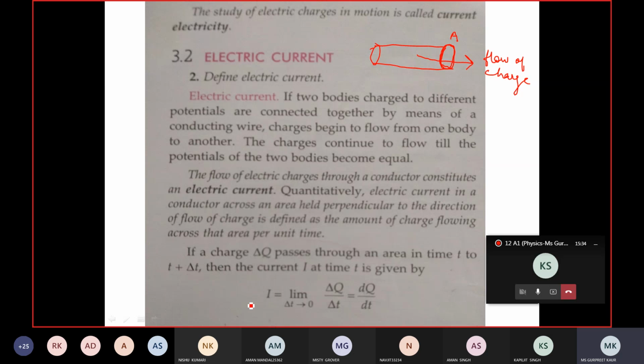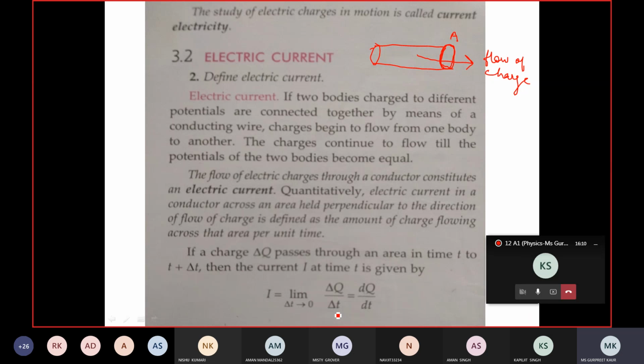So if delta Q charge passes through an area in time t to t plus delta t, यानी डेल्टा टी के टाइम इंटरवल में डेल्टा क्यू अमाउंट ऑफ चार्ज इज पासिंग थ्रू एन एरिया, then what will be the current at any instant t? Current at any instant will be given by, first of all, delta q amount of charge passing through a given area in delta t interval of time.